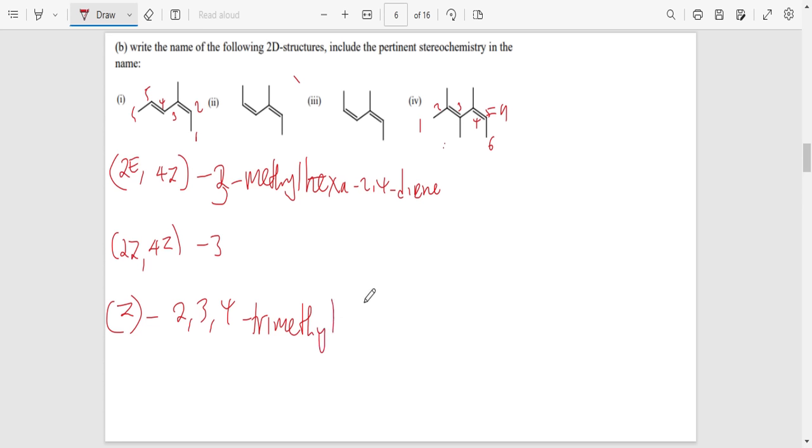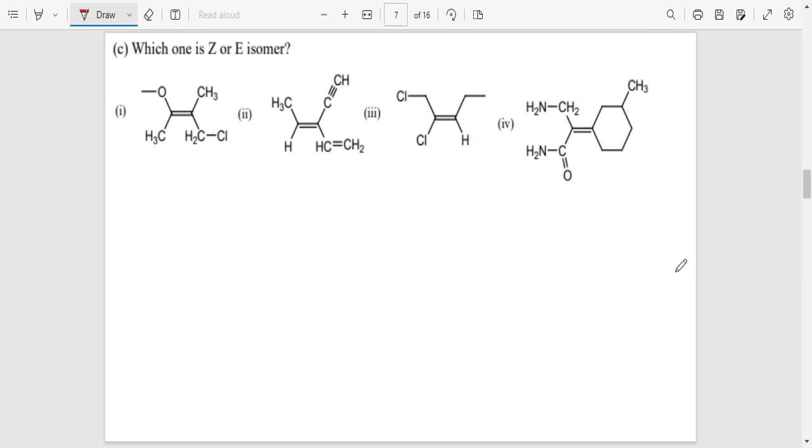And then this is going to be hexa. Position number 2, we have got a double bond, position number 4, a double bond, and then diene. So that is going to be the name for this one. Okay, let's consider this one. Which one is Z or E isomer?